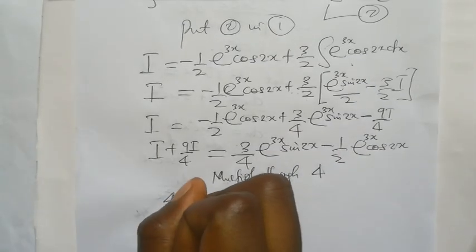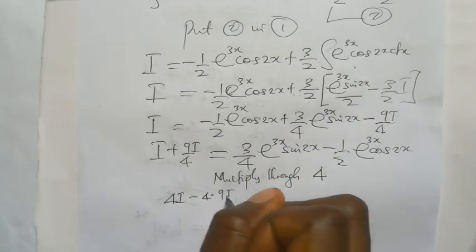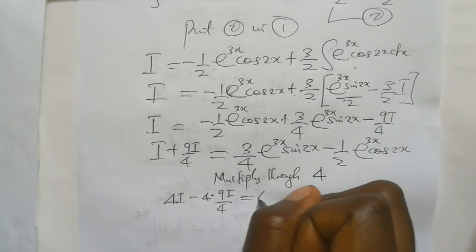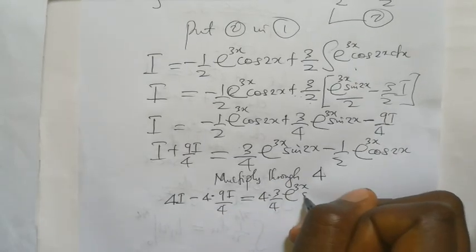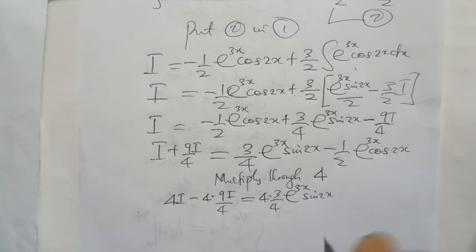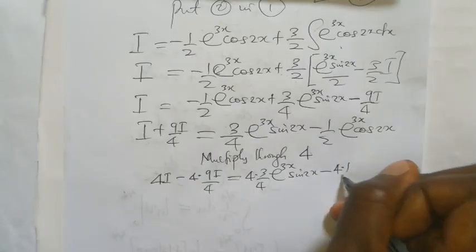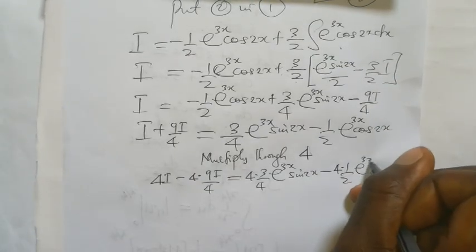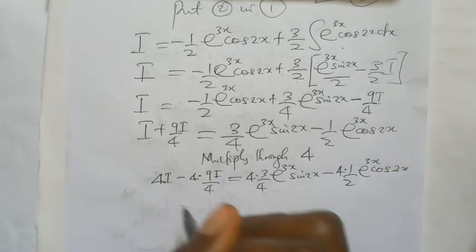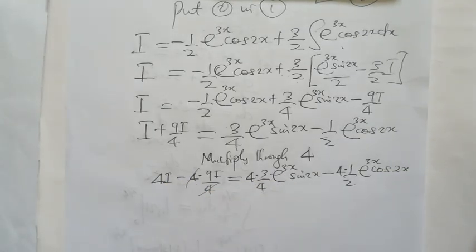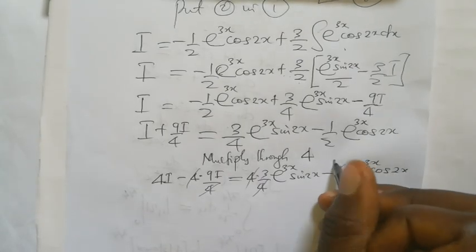So we are going to have 4I minus 9I by 4 is equal to 4 times 3 all over 4 e to the power of 3x sine 2x, minus 4 times 1 over 2 e to the power of 3x cos 2x. You see, so this will go, 2 here 1, we have 2 here 2.